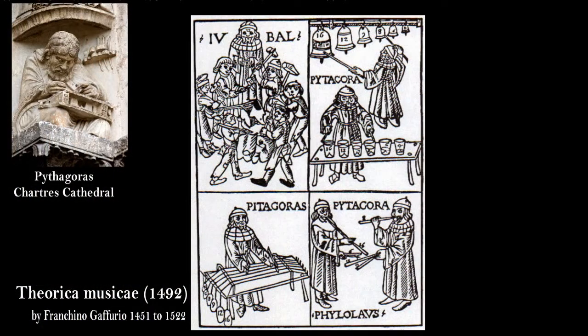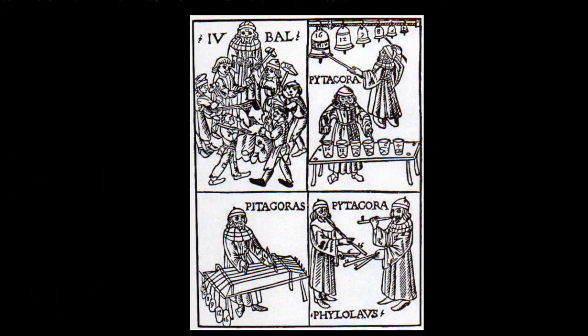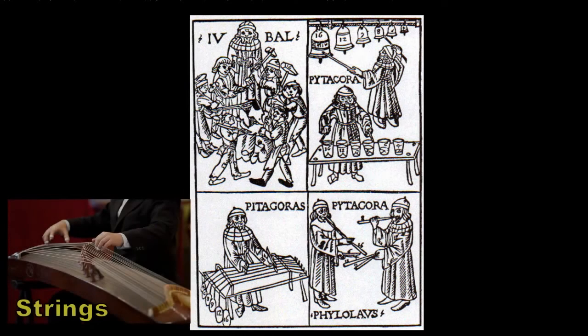Now, 1492, the Theory of Music by Franchino Gaffurio, I don't know if that's the pronunciation, but there was an interesting little diagram there, quite important as well. If you pay close attention, look for instance at the strings there.